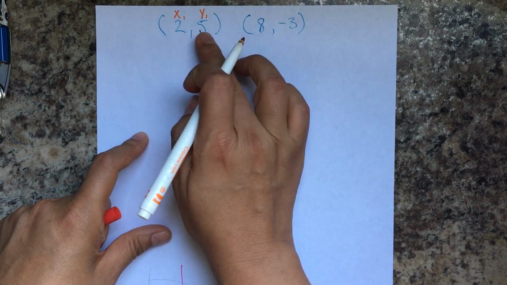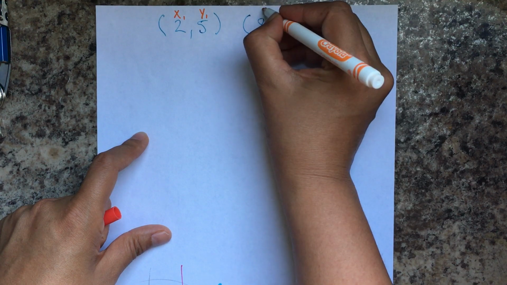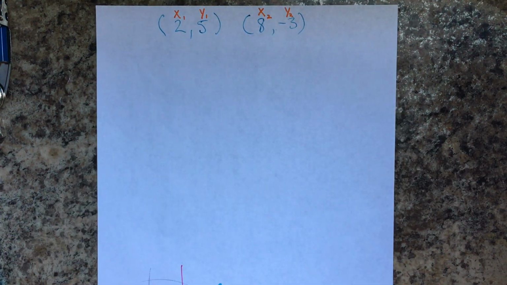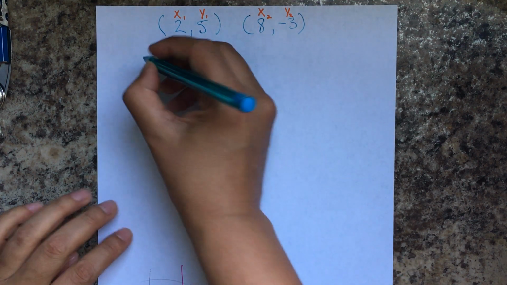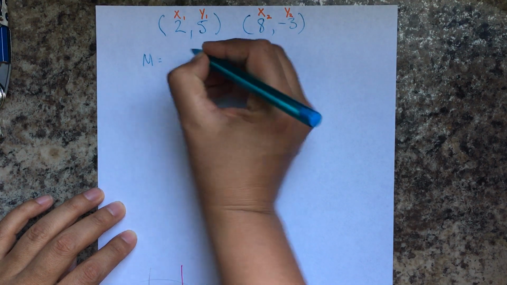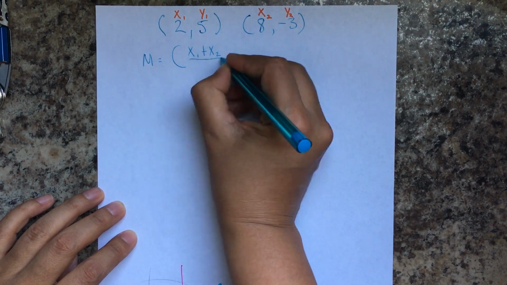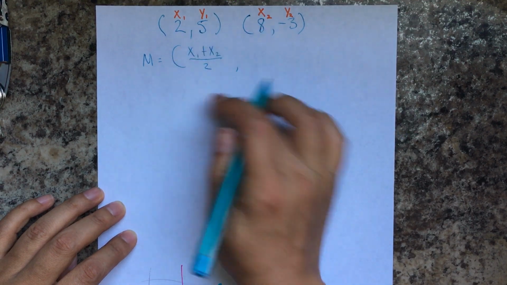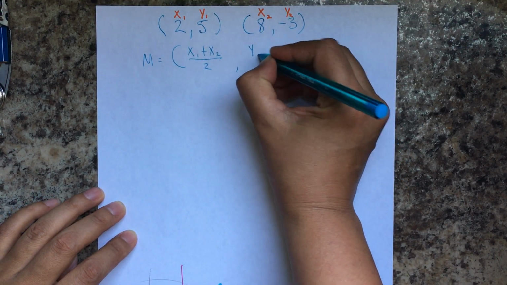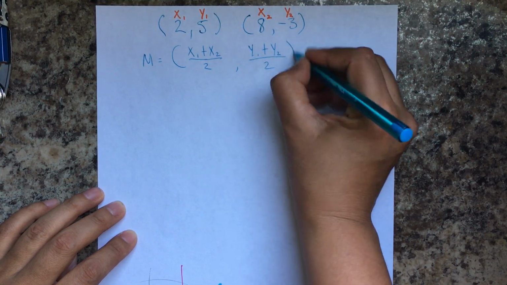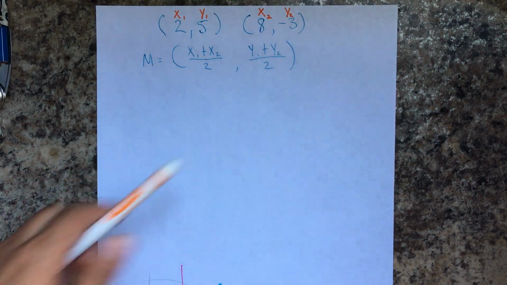Remember that this is x and y, but it's point 1, and this is x and y, but it's point 2. So that's why it has the x1, y1, x2, y2. So the formula, we said that it's x1 plus x2 divided by 2, and that's gonna give me my x coordinate, and y1 plus y2 divided by 2, and that's gonna give me my y coordinate.